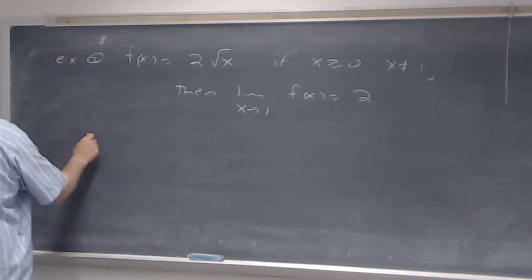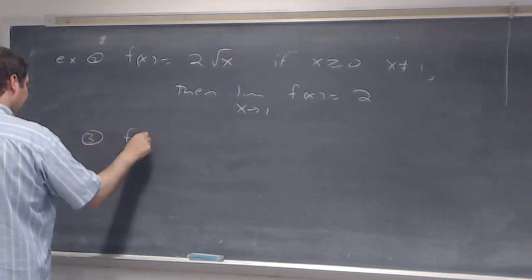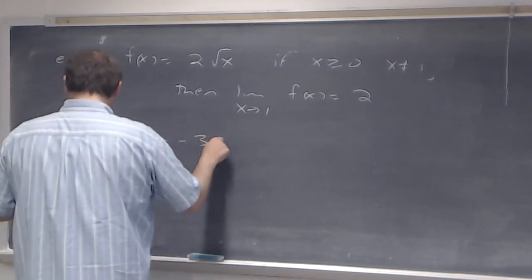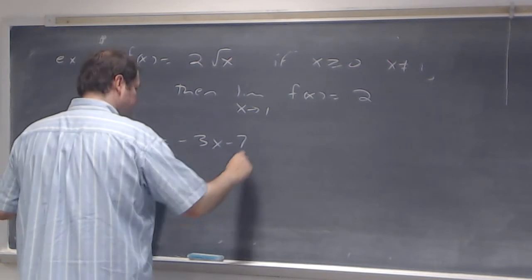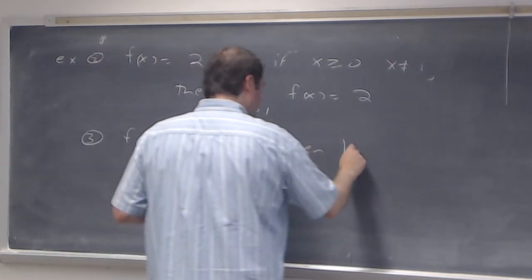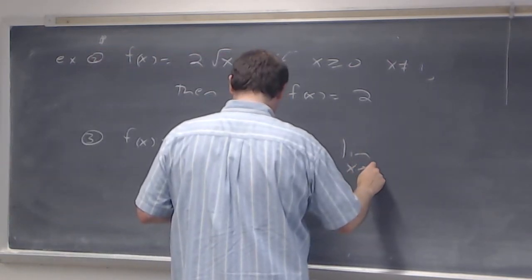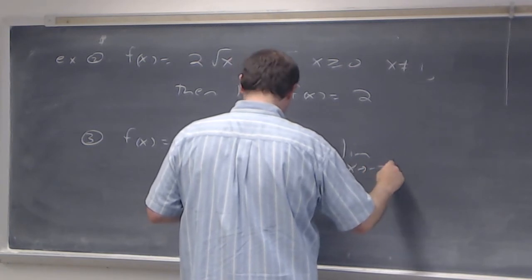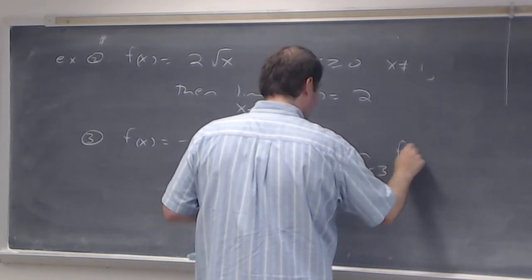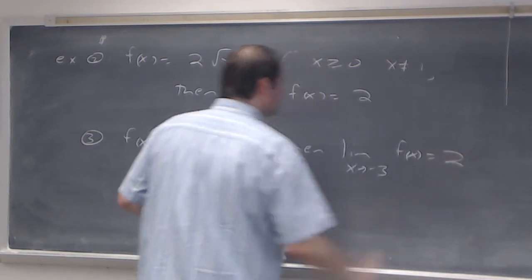Then a third example is if we let f of x be equal to minus 3x minus 7, then the limit as x goes to minus 3 of f of x will be equal to 2.